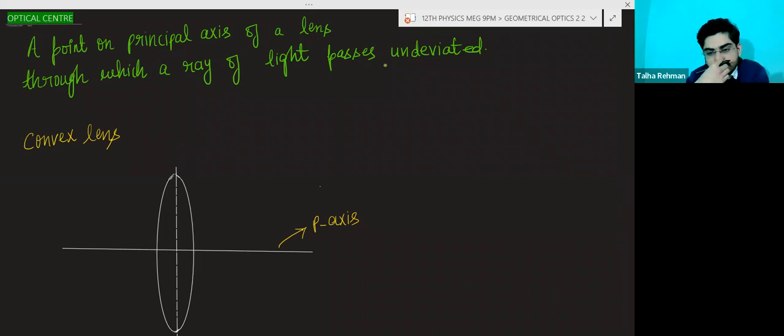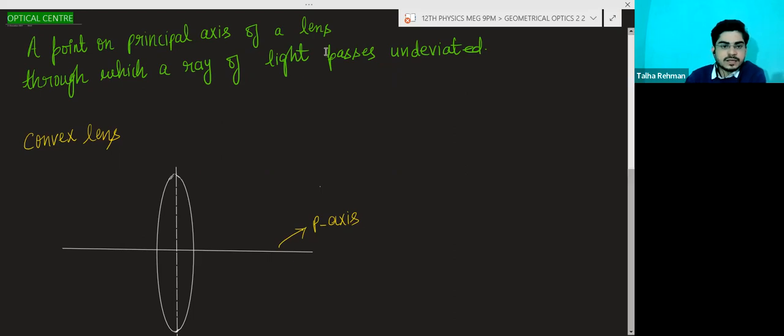And one thing I want to tell you, in our syllabus we will study thin lenses. Thin lenses mean the thickness of the lens is very, very small. So this definition is for thin lenses, and in our syllabus there are only thin lenses.